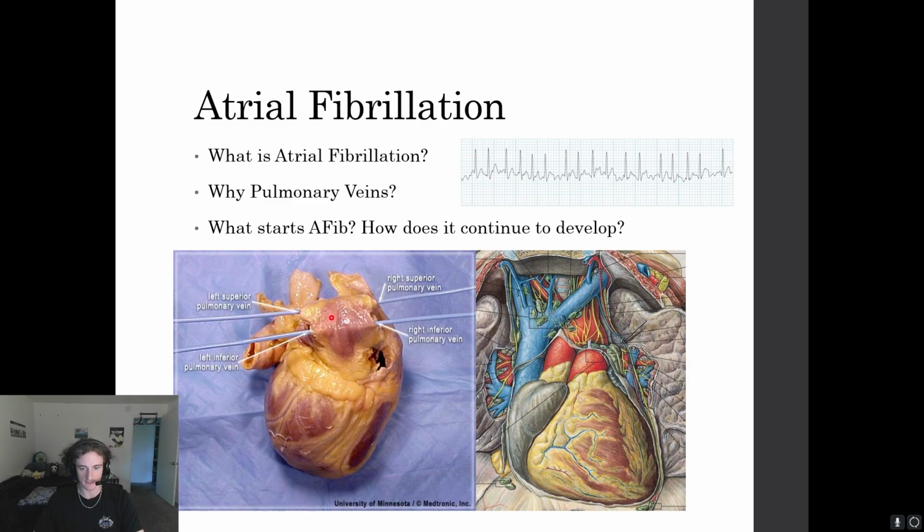If a signal is trying to pass through the left atrium, it's going to hit this fibrotic island and go around it, because it can't go through fibrosis. But then, just like in AVNRT, that signal is going to loop around and around.